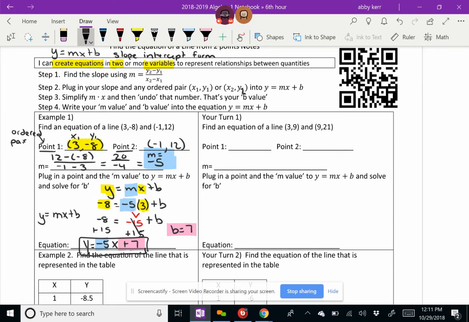Now you're going to do that the same for 3 comma 9 and 9 comma 21. So then we're going to have 21 minus 9 and then 9 minus 3. 21 minus 9 is 12. 9 minus 3 is 6. Simplify that. You get your m equals 2.